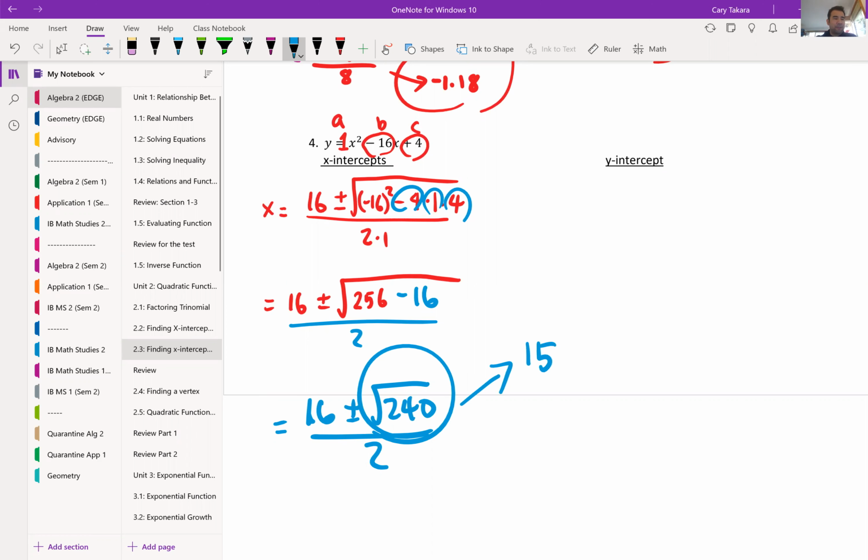So it will be 15.7. The other one will be 16 minus square root of 240, and then divide by 2. 0.25. Y-intercept is 4.